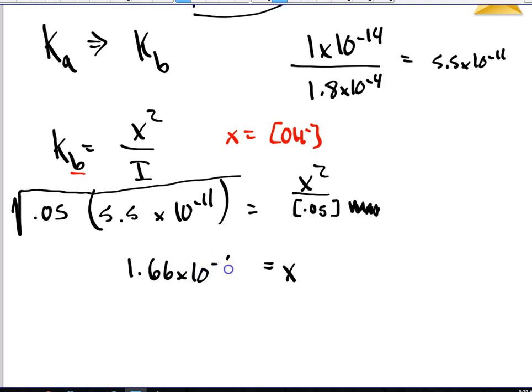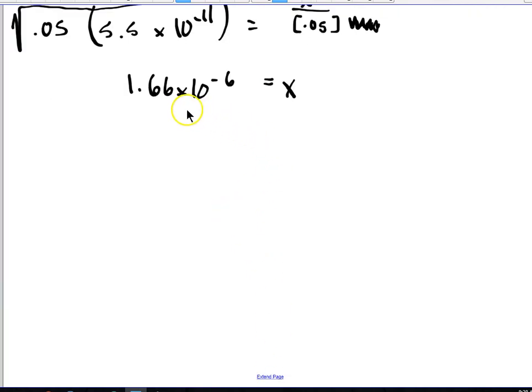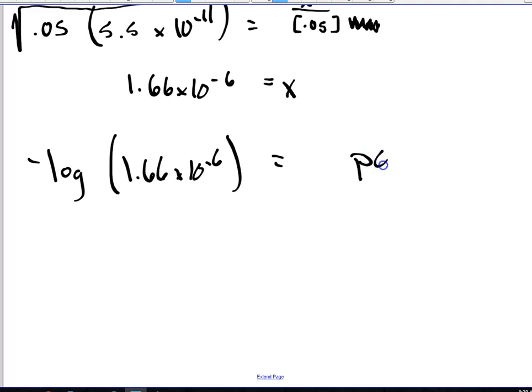Negative what? 6. All right. That's a lot of 6s. Now, I need to take the negative log of that value, right? And that will tell me the pOH. What's that? 5.8 is my pOH. But does the problem want pOH? No. It wants the pH. So I take 14, subtract that, and I get 8.2.